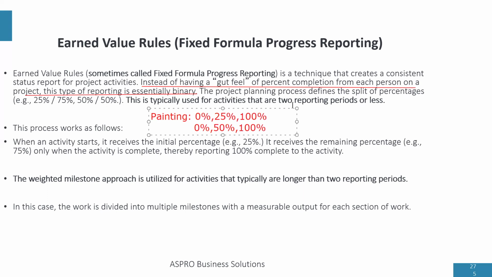So this is how you report it. Now, we use fixed formula progress reporting when it's difficult to measure the progress of a task. So that's when you use it.